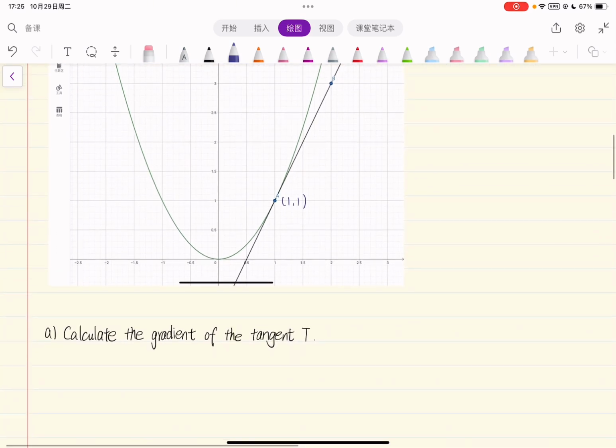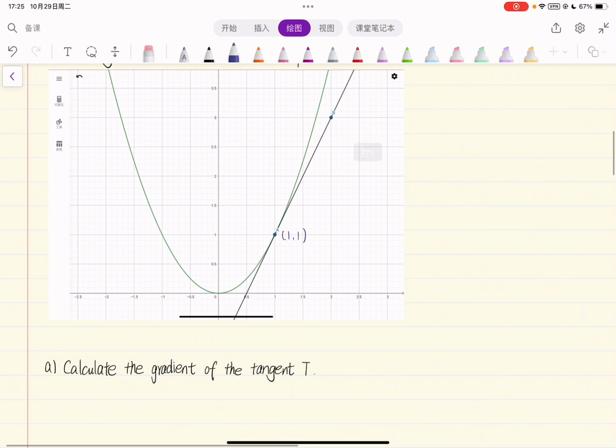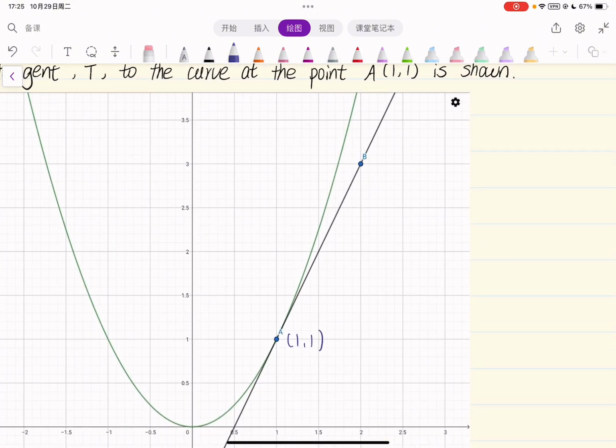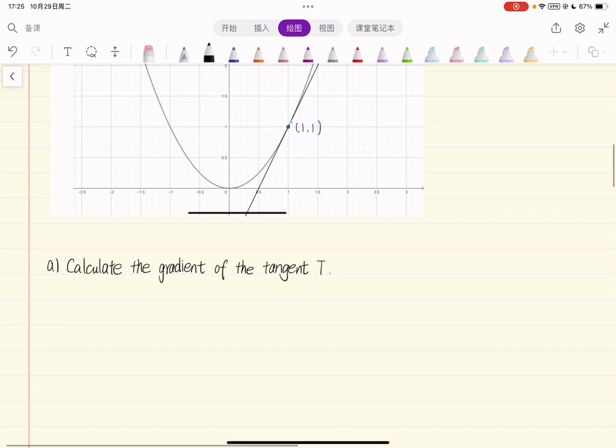Now for part A, it asks you to calculate the gradient of the tangent t. In the diagram, you see there is another point that lies on the tangent, point B, with the coordinates 2, 3. So we can find the gradient of this straight line by using the formula m equals y2 minus y1 over x2 minus x1.